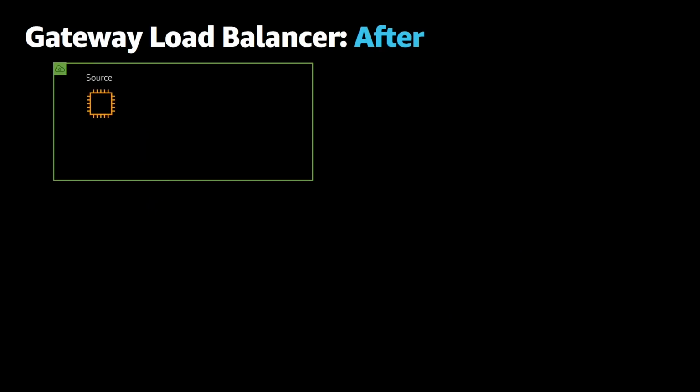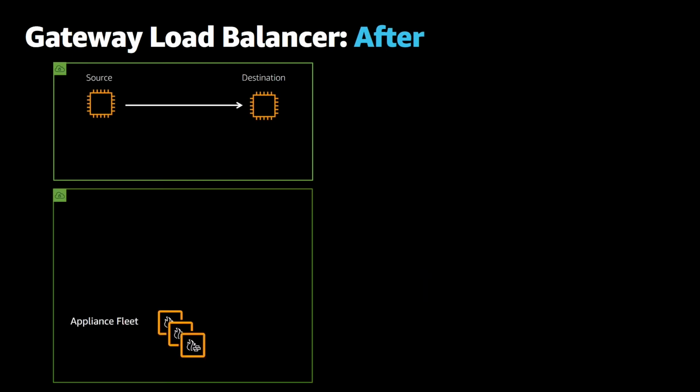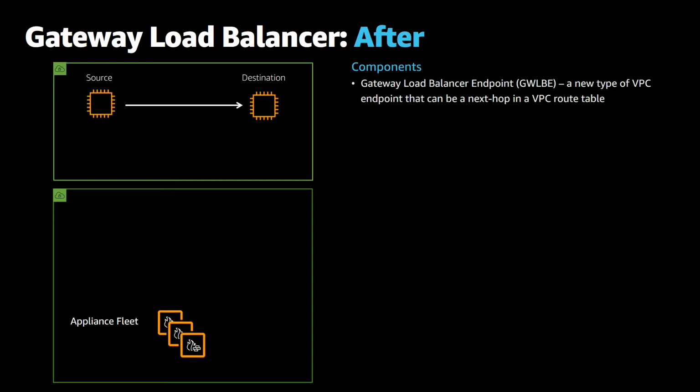Okay, so this was before the gateway load balancer. So after, we have a source and destination, and then we have an appliance fleet of firewalls, for example. So we have a gateway load balancer endpoint. This is a new type of VPC endpoint right here that will basically broker the traffic flows at this point.